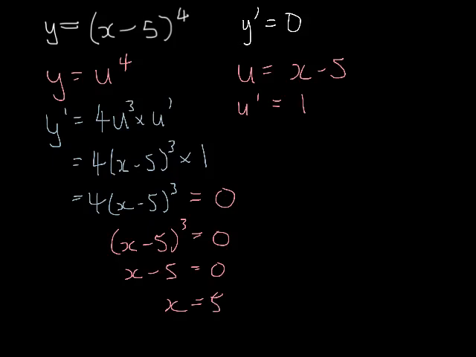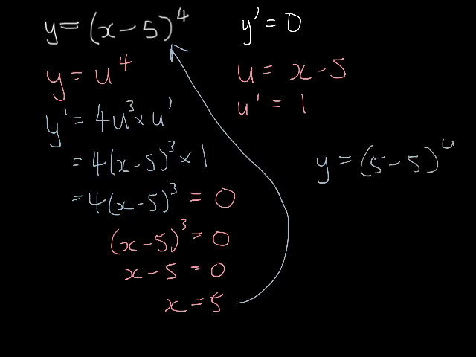Now, we can sub back into our original equation to find that y is going to be equal to (5 minus 5) to the power of 4, which is equal to 0. So, the coordinates where the tangent is 0 is going to be (5, 0).